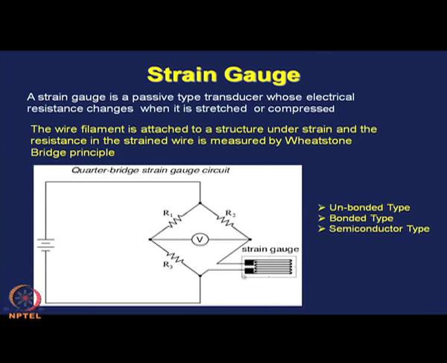Let us consider this as strain gauge. So, this consists of a resistance wire, let us say. The wire filament is attached to a structure which is under strain, and the resistance in the strained wire is measured by the Wheatstone bridge principle.